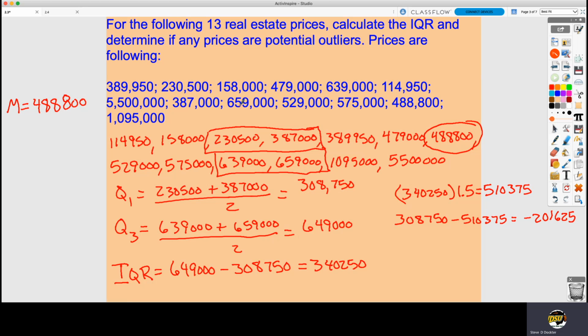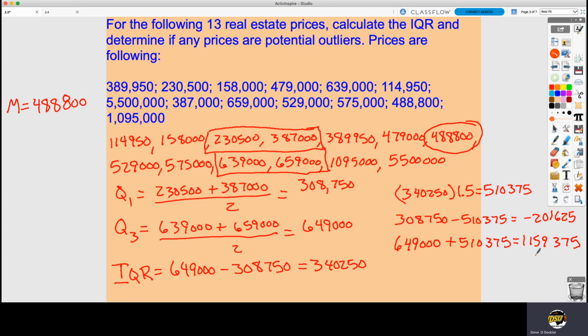Okay, how we figure that out is we go with our third quartile and go 649,000. And then we're going to add this 510,375 to it. And when we do that, we get an answer of 1,159,375.